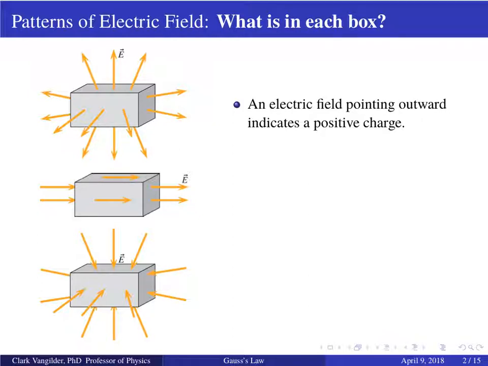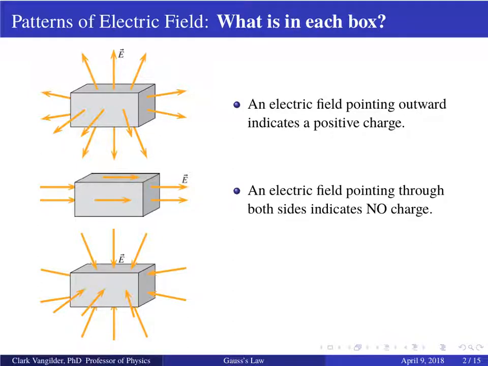If it's the case that everything that goes into your surface comes out of your surface, then there's no charge in there. The gazintas equals the gazoutas. It's just a region of space that has electric field lines in it, but no source of electric field lines. Right? So there would be no charge in that space, just the same field going in as comes out, net of zero, if you will.